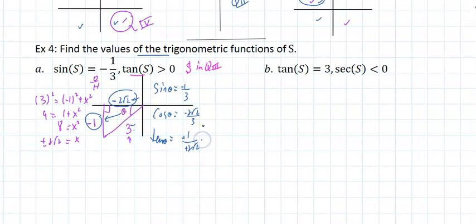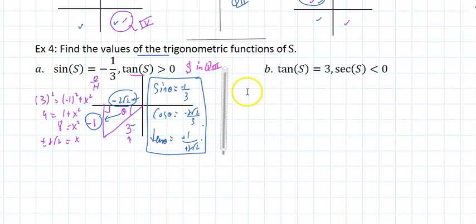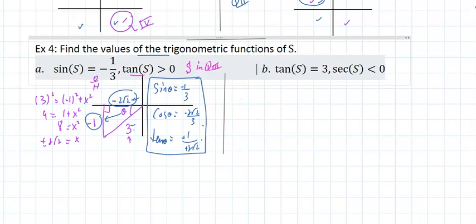And if you rationalize, again, this is a fine answer, that's all I want. If you rationalize the denominator, you'll get radical 2 over 2. It doesn't matter.